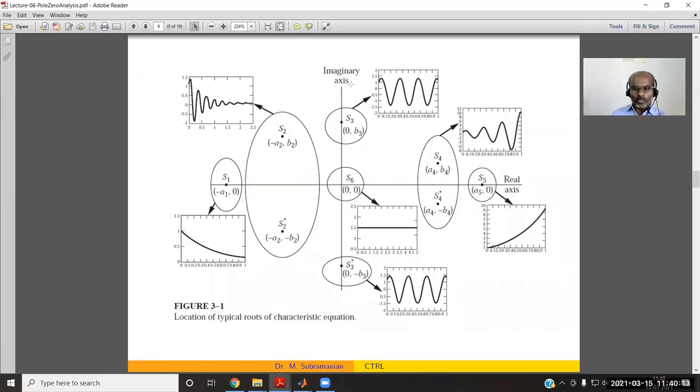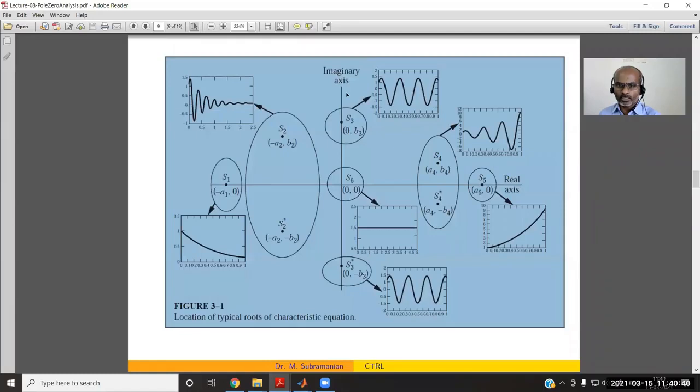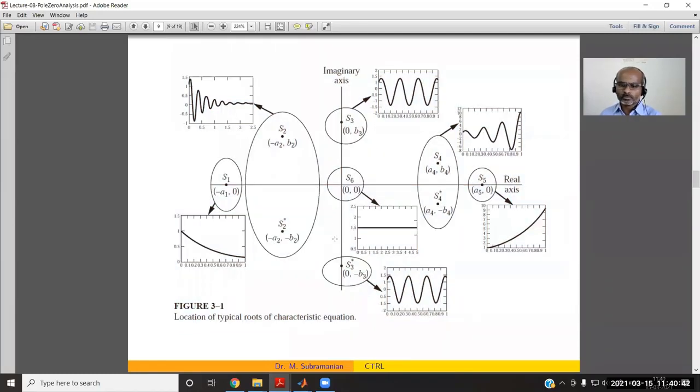Say the roots, the pole values which have negative real parts will fall in these regions, to the left of the imaginary axis, whereas the poles with positive real parts will come on the right side of the imaginary axis.